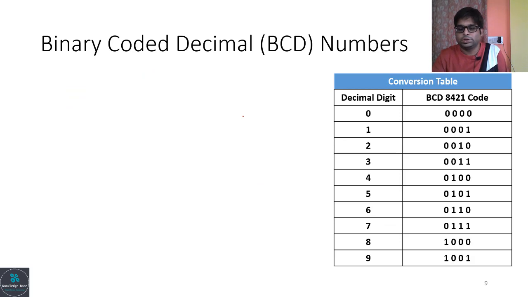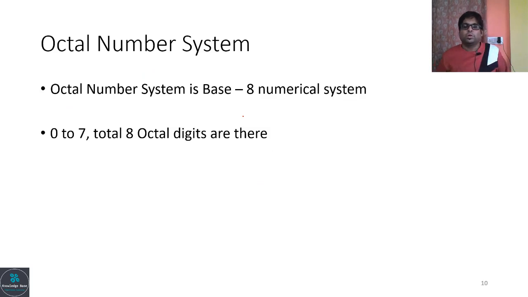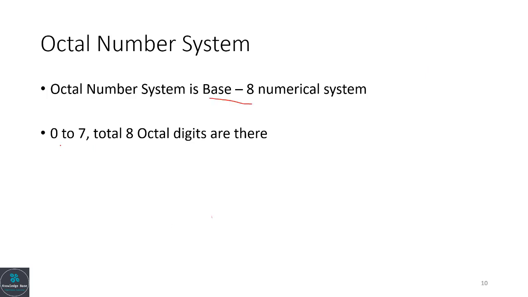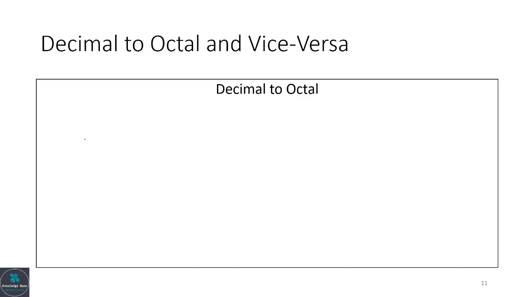Next we are going to discuss the octal number system. In the octal number system, the base is 8. It has 8 different octal digits, that is 0 to 7. Now to convert a decimal number into its equivalent octal number, we are going to use the quotient and the remainder method.